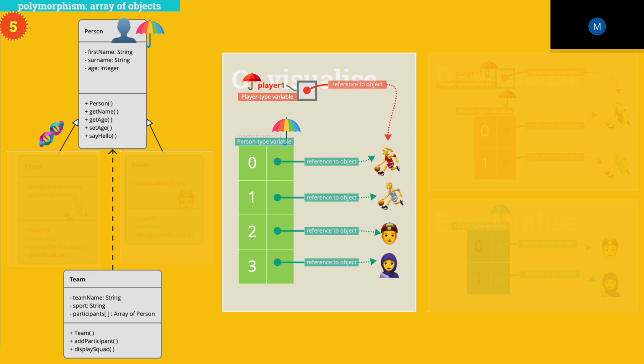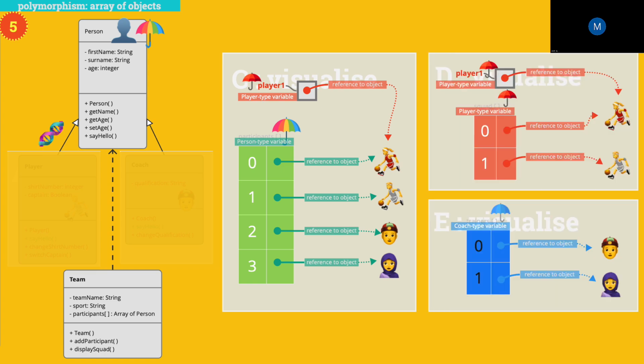Cool. So hopefully I've uncovered the coach and the player arrays here. You'll notice the types of array. Participants can reference any subclass type. Player and coach can only reference their native type.